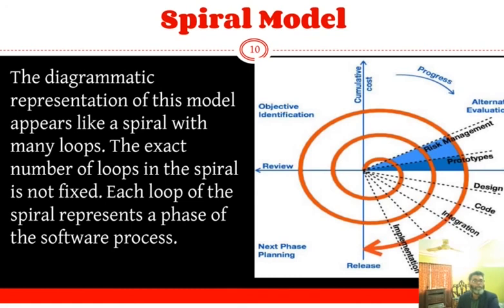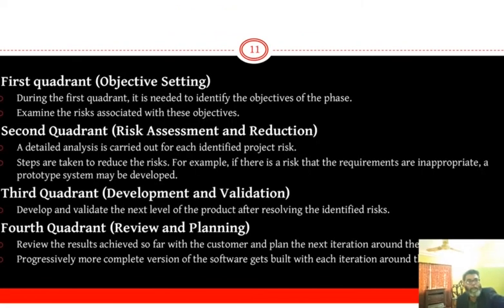The radius of the spiral at any point represents the expenses or the cost of the project, and the angular dimension represents the progress made so far in the current phase. Each phase of the spiral model is divided into 4 quadrants as given below.